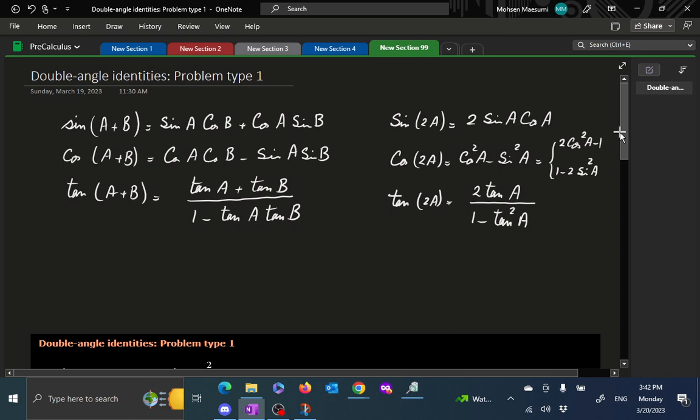You might be wondering if you're actually going to see this in any of your future classes. All engineers are going to see this one very often. And the reason for that is when you look at something like electric current in a wire, when you have alternating current, your voltage goes up and down according to some cosine term or sine term.